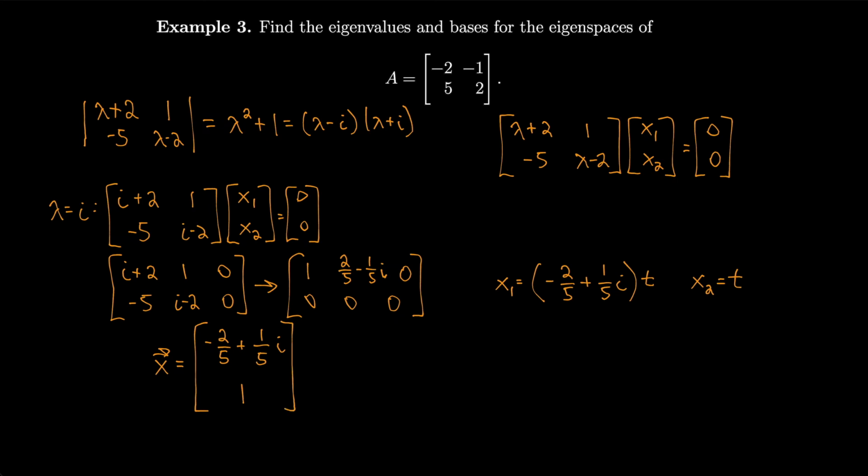Because I have a t in here, remember, I'll just factor out the t, and then it's just any multiple of this for my basis. There's only one vector in it, so I'll just take x and set x equal to this vector for my basis. I'm just choosing a particular value, but any scalar multiple of this would work.